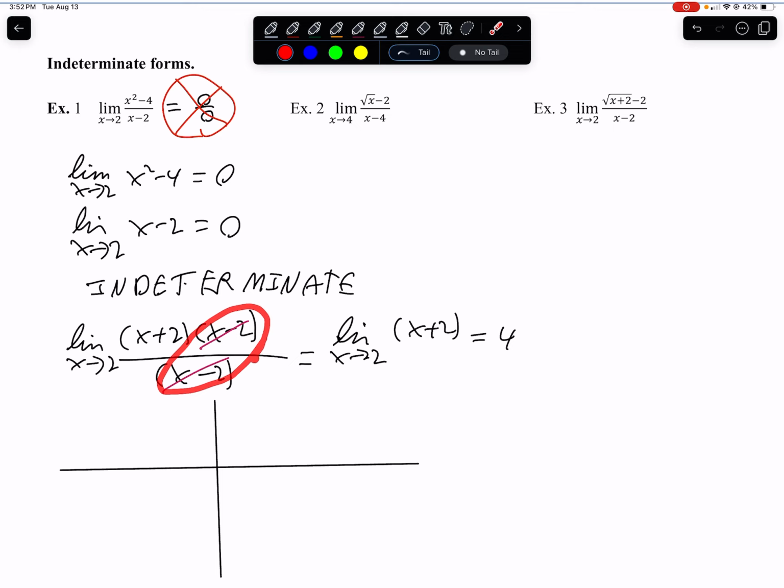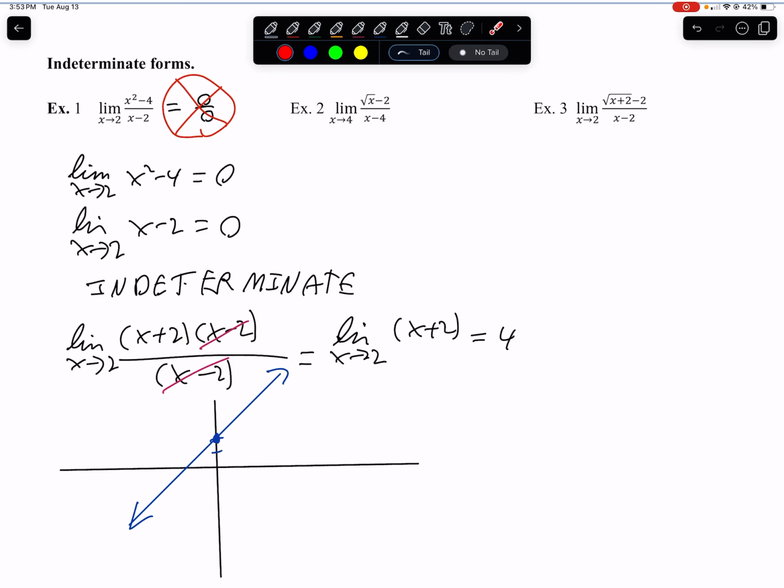So if you're to graph it, you would just graph x plus 2. So let me do that for you. My colors are getting all messed up here. Okay. X plus 2 has a y-intercept of 2 and a slope of 1. But at 2, you have a hole.